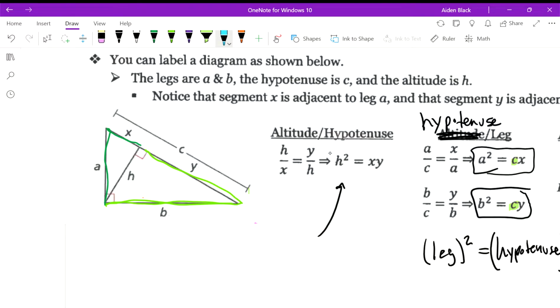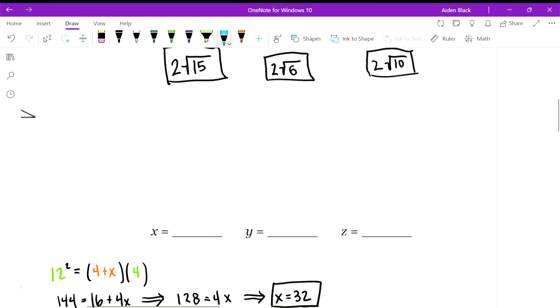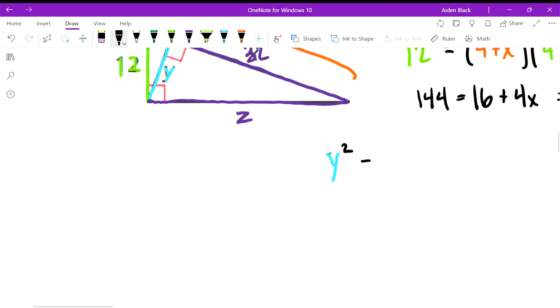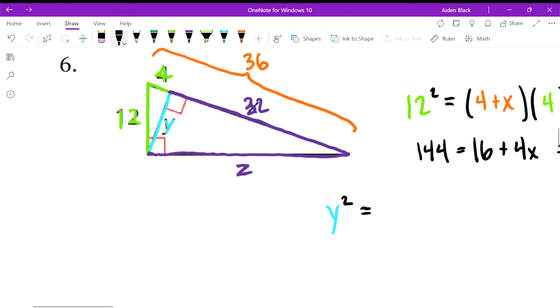The hypotenuse is h, so altitude squared is equal to the two parts of the hypotenuse multiplied together. So that's 4 times 32.